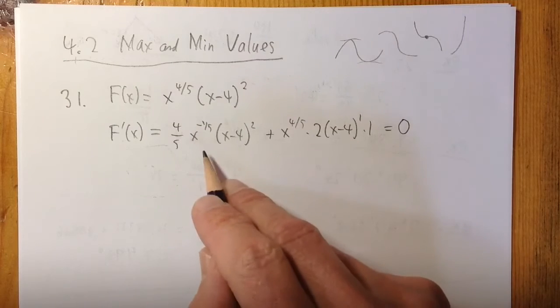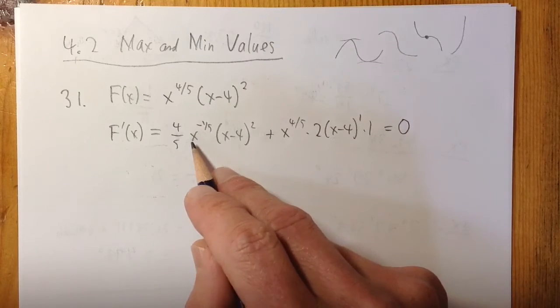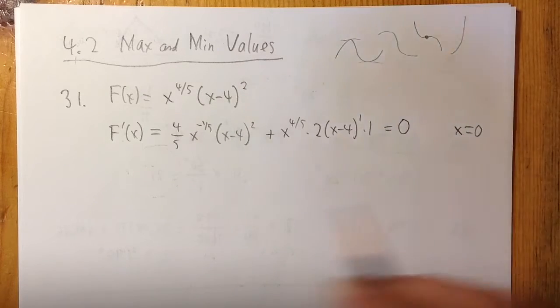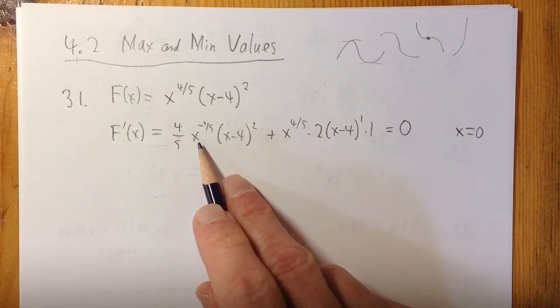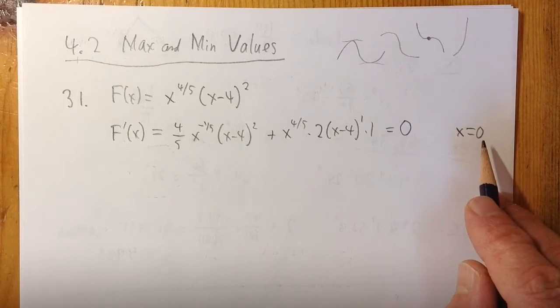So anytime you have an x in the denominator, which again, negative 1/5 means 1 over x to the 1/5, we have an infinite. So right away we know that x equals 0 is a critical number. Slope isn't 0 there. It's, in a sense, undefined. Basically, something weird happens at x equals 0. So that's one of our critical points.